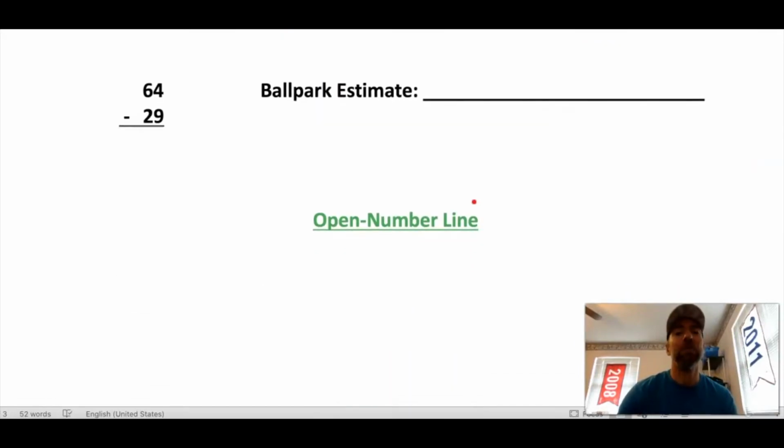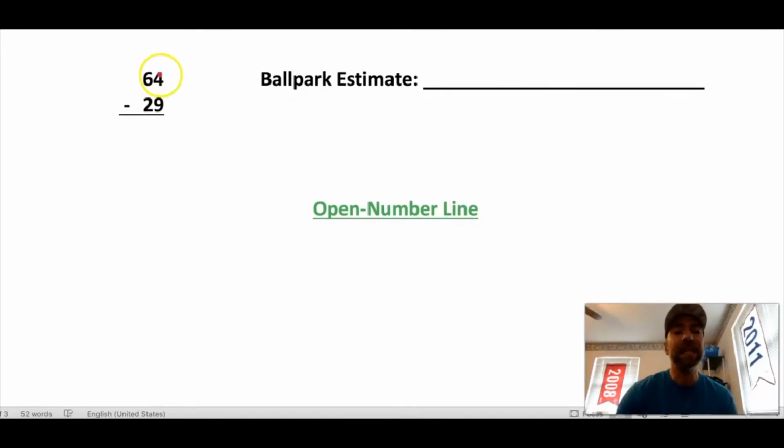Here's a new problem for us to try. 64 minus 29. I want to make a ballpark estimate. Well, 64 is between 60 and 70. It's closer to 60. That's how I would round the number. 29 is real close to 30.